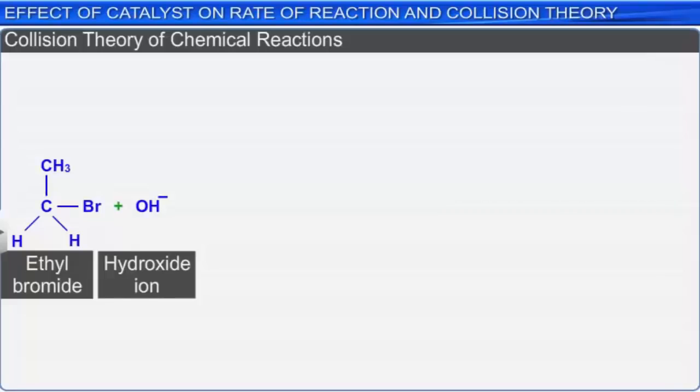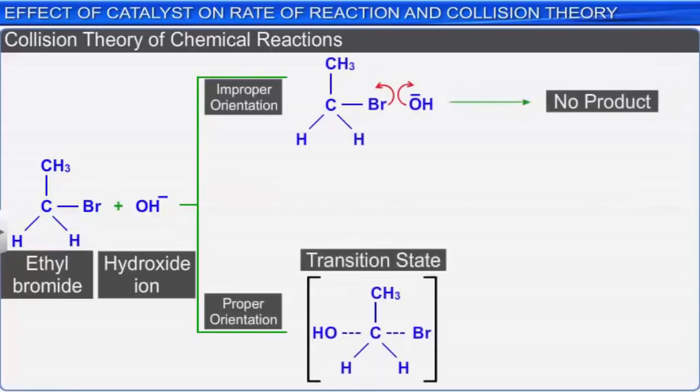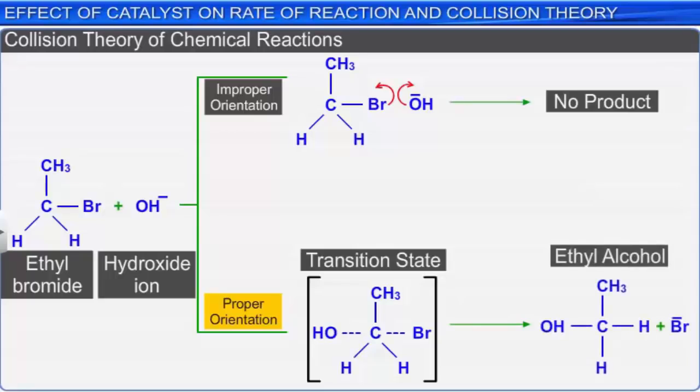To understand this better, consider the collisions with sufficient energy with different orientations between ethyl bromide and hydroxide ion. The collisions in case of B with proper orientation result in the formation of the product ethyl alcohol.